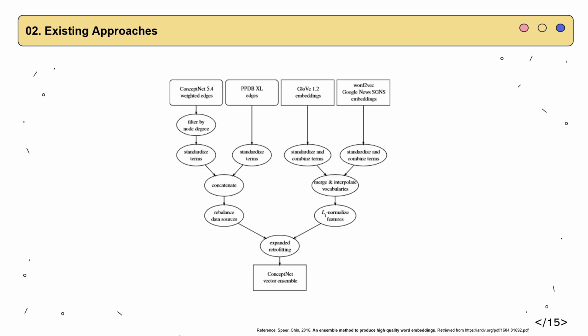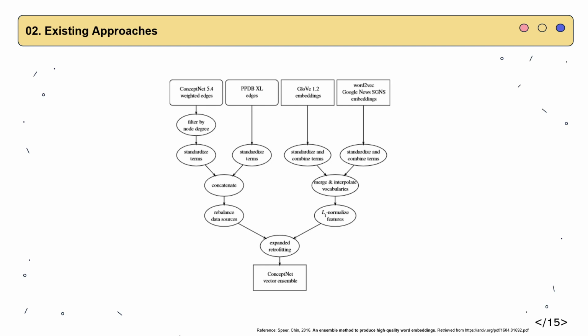They use structured data from ConceptNet 5.4 edges and PPDB, which is a paraphrase database. These form the structured part of the framework. Also, for the distributional semantics, they use a combination of GloVe 1.2 and Word2Vec Google News SGNS.